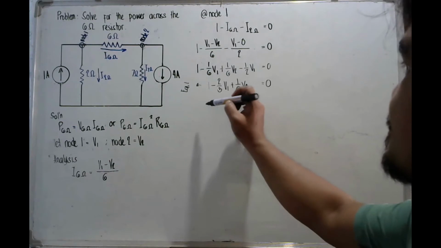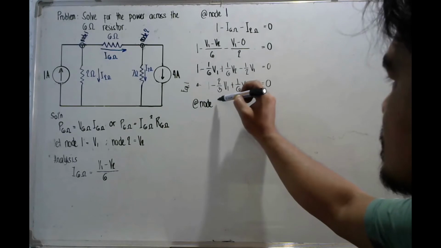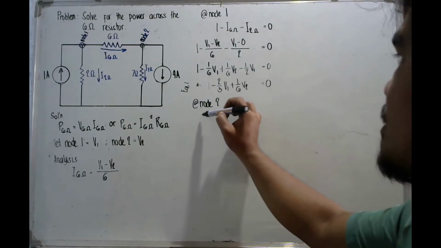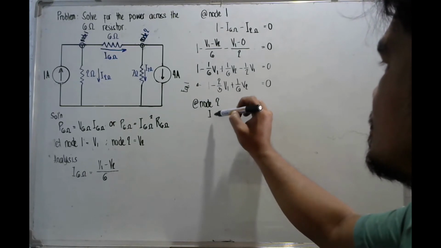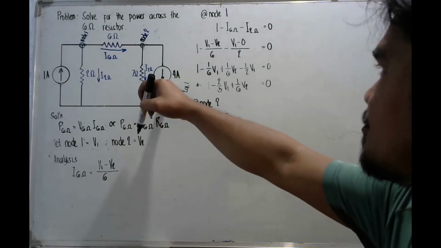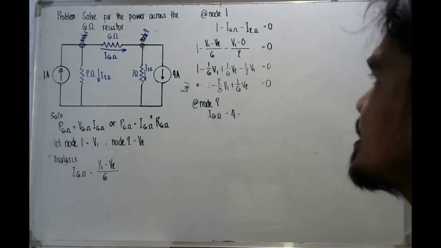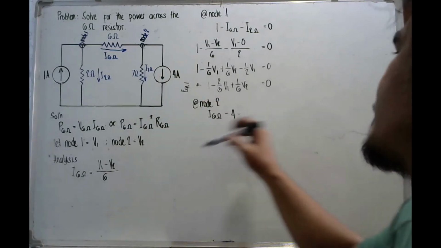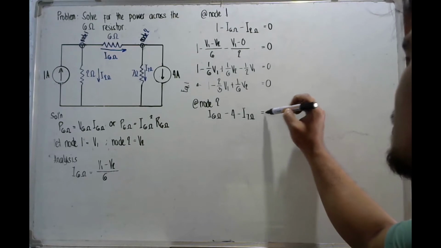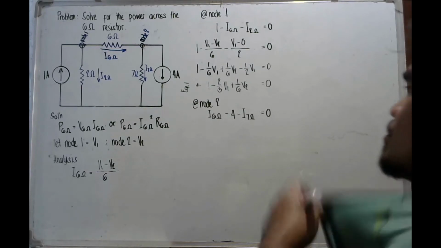At node 2, the current entering your node 2 is I6 ohms, minus the current leaving, 4 amperes, minus the current leaving I7 ohms, is equal to 0. So substitute its nodal current equivalent.